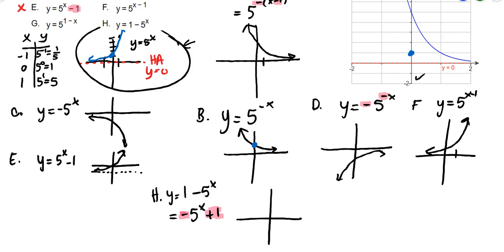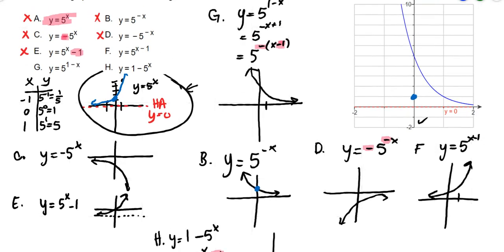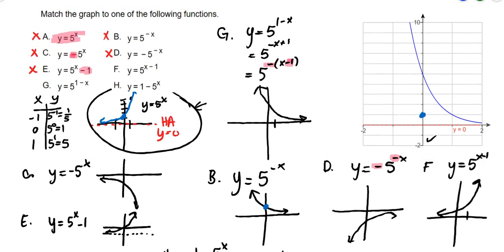So if we shift up 1 and also reflect, our asymptote is up 1, we would get something like this. And that doesn't match our picture. So that brings us back to the only one that came close, which is this one right here.